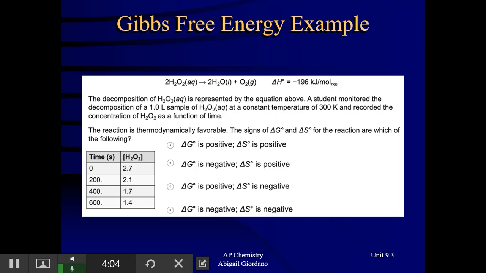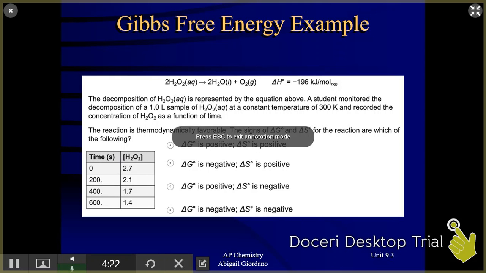A student monitored the decomposition of a 1 liter sample of hydrogen peroxide at a constant temperature of 300 Kelvin and recorded the concentration of hydrogen peroxide as a function of time. The reaction is thermodynamically favorable. Okay, that's important. I'm going to underline that. And then it says the signs of delta G and delta S for the reaction are which of the following?